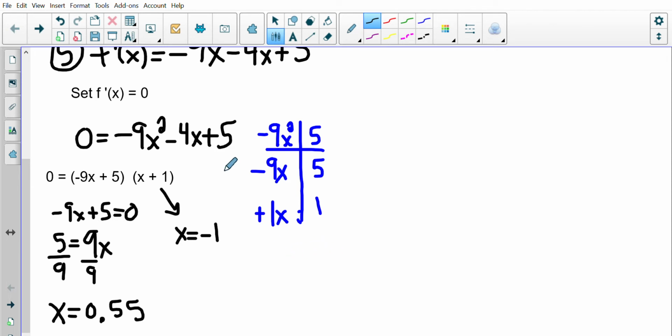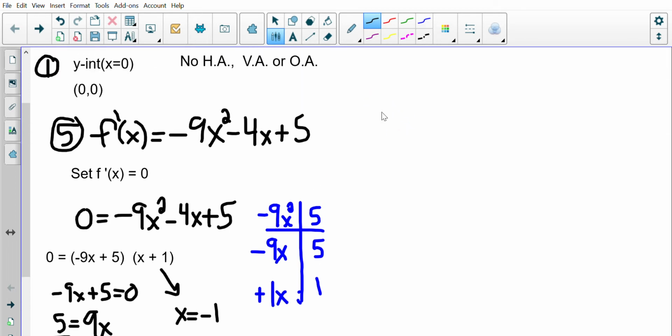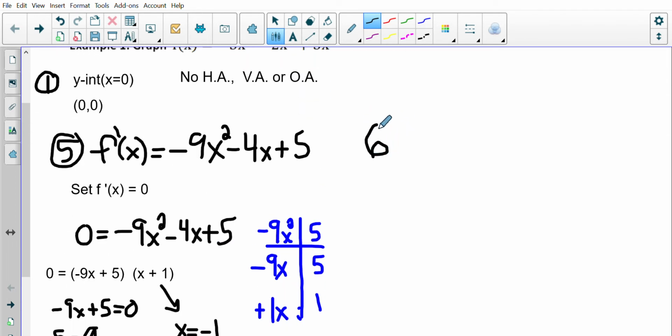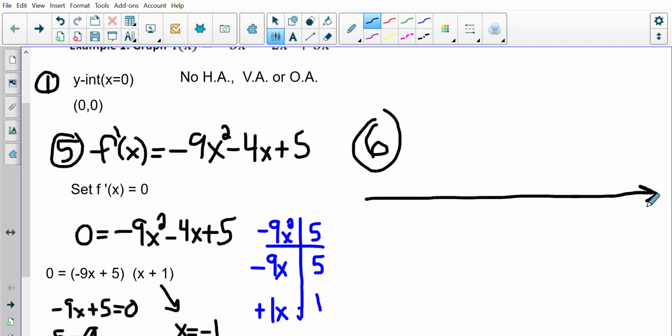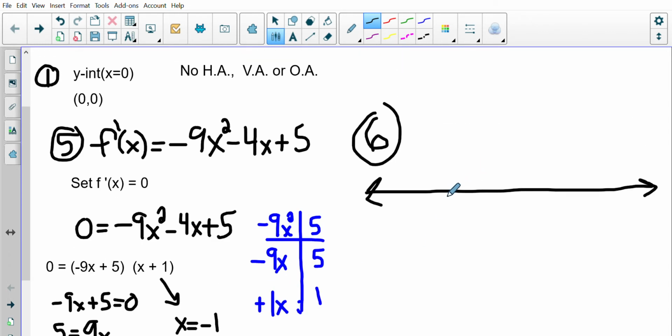Now, this derivative is always defined because it doesn't have a denominator, so we don't have to find any more critical numbers by looking to see if the denominator is equal to 0. But we do have two critical numbers, and I want to see if they are a max or a min. So, number 6. That's where I draw my number line. And I have, again, two critical numbers, -1 and 0.55.